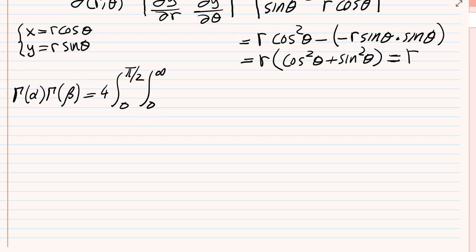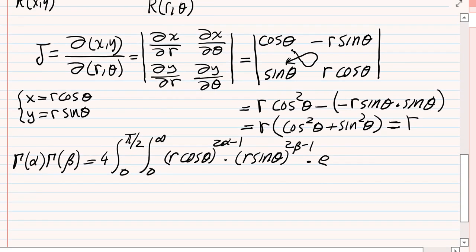Then the expression was x to the 2 alpha minus 1. x is (r cosine theta) to the 2 alpha minus 1, and then y was (r sine theta) to the 2 beta minus 1, and then it was e to the negative (x squared plus y squared).